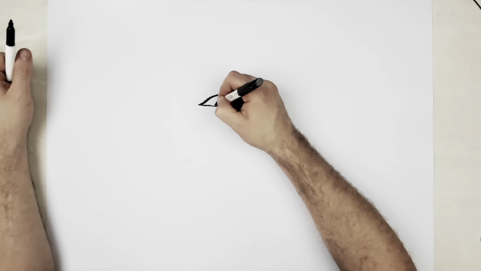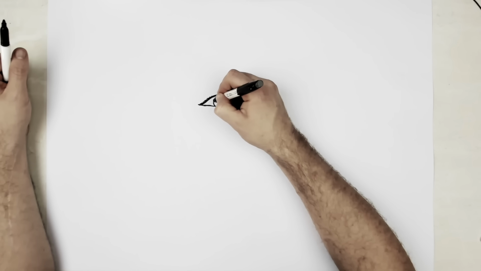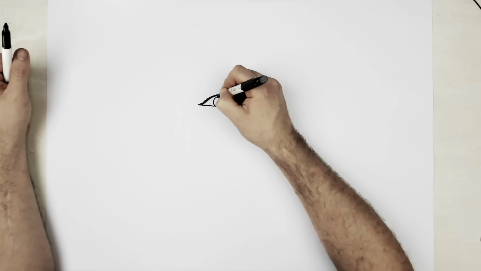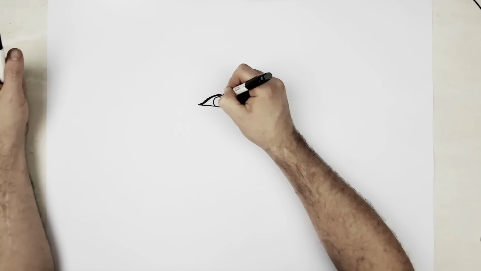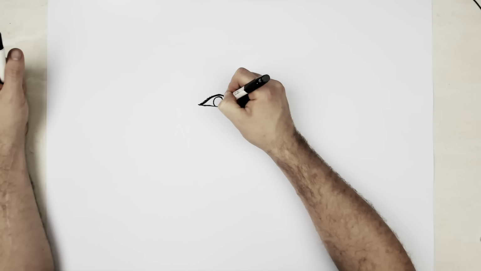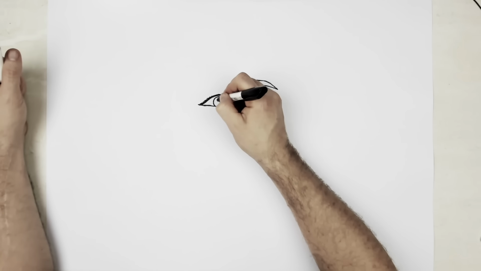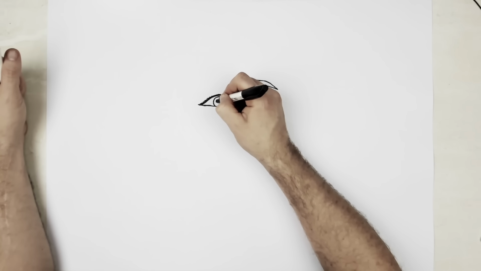Big brown eye then. Circle just coming up from the bottom eyelid. And then his pupil somewhere in the middle.